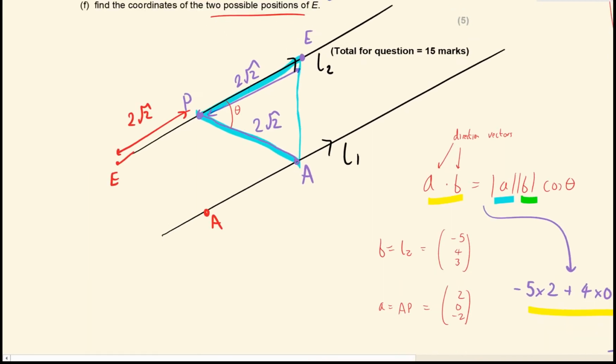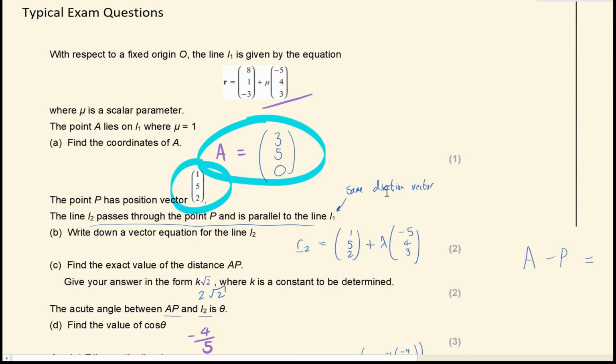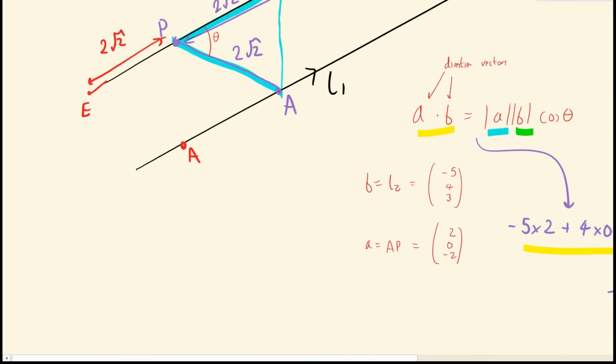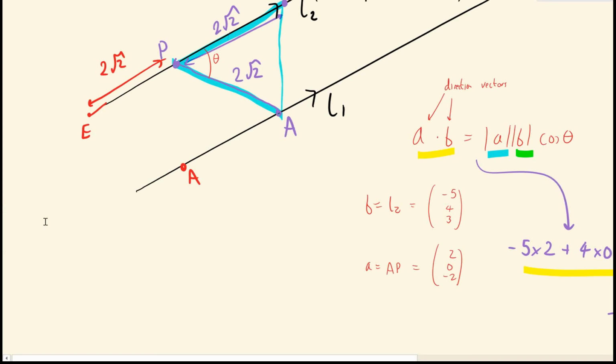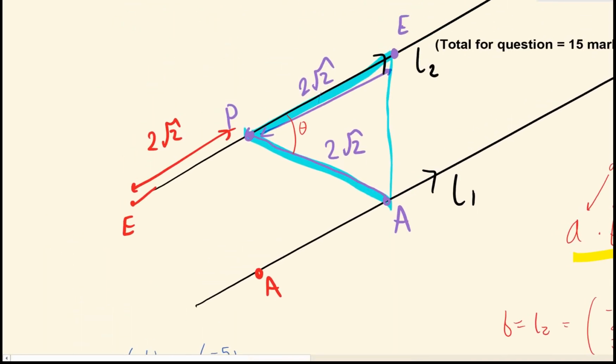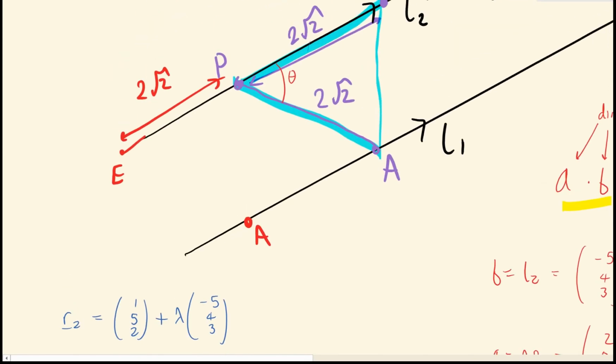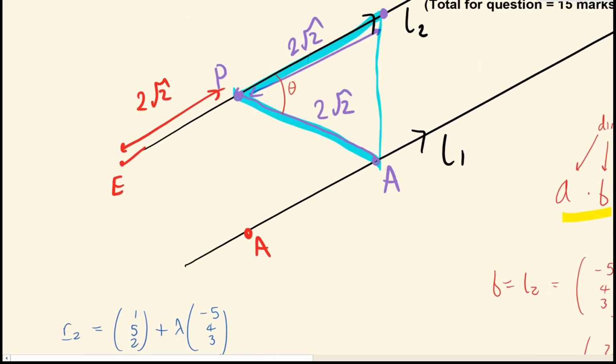So, we have an equation for L2. Let me copy that from up here. That was this equation. We now want to work it out so that we can work out either of these 2 points. We already know we're starting at P, so P is that coordinate.